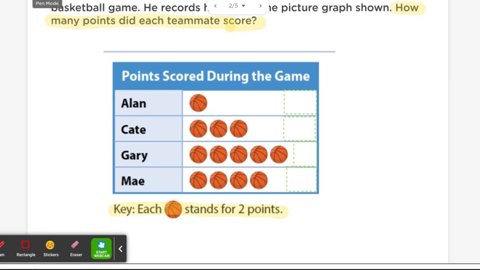And then what I have students do is I have them take the number from the key and I actually have them write it right on the symbol, because I feel that they will remember to look at the key if they get used to seeing or writing a number in each symbol. And then they just need to go back up and skip count by that number or add the numbers.